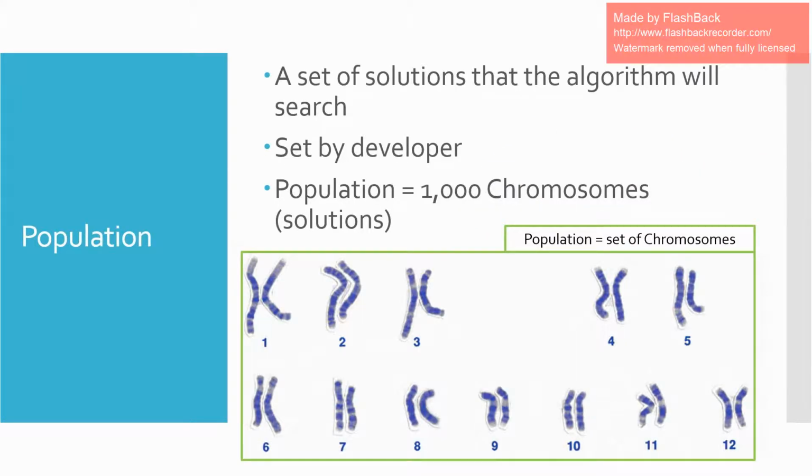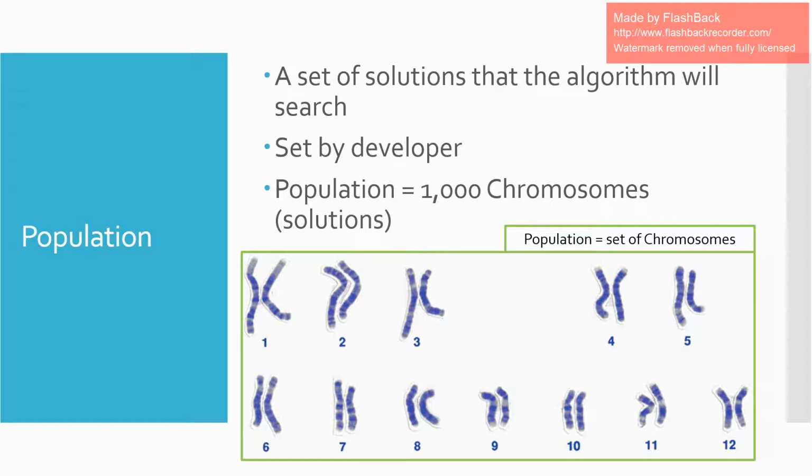The next component of genetic algorithms is population. The term population refers to the entire population of solutions. Part of the genetic algorithm, which I'll get into more in a minute, is to breed two solutions together to get a child solution that's a combination of its parents. So for this to occur, there must be some initial population of solutions to choose parents from.